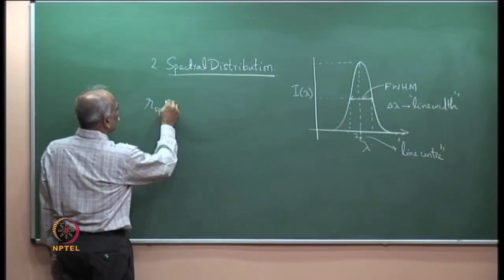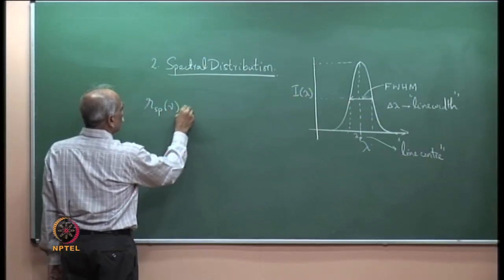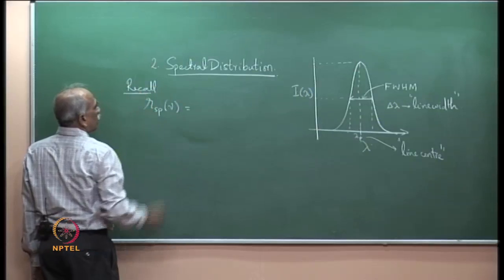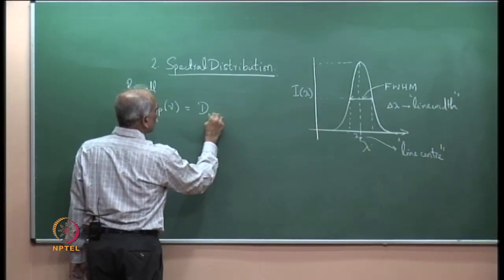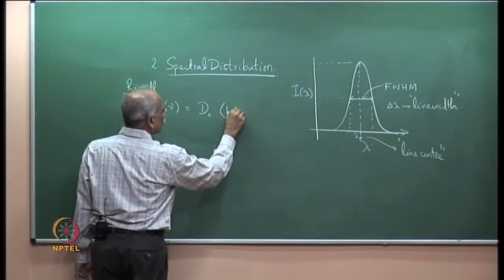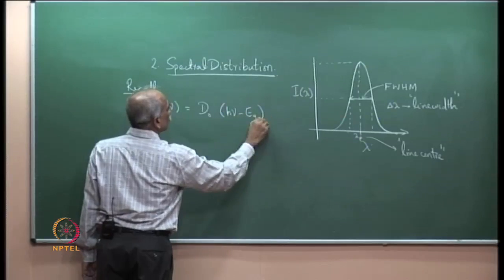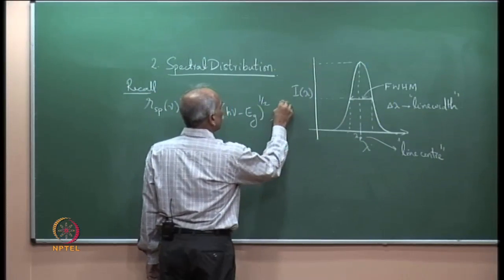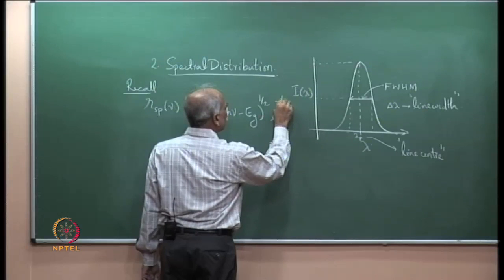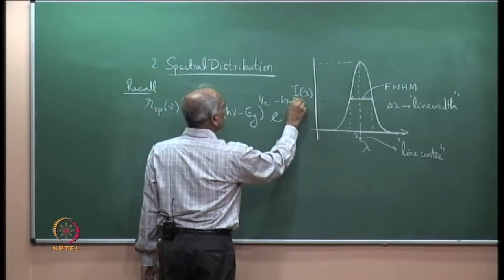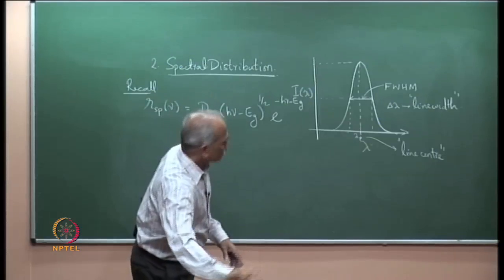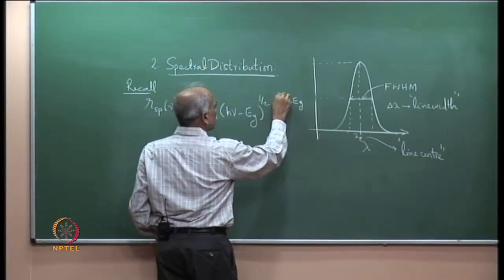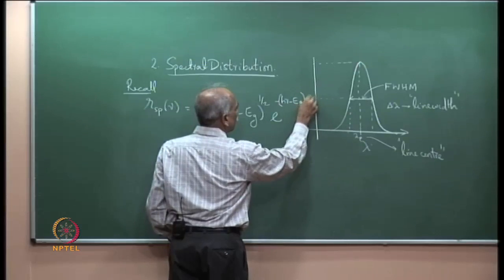So R_sp of nu, which we have already derived, is equal to D0 into (h nu minus Eg) to the power half into e to the power minus (h nu minus Eg) by kT.